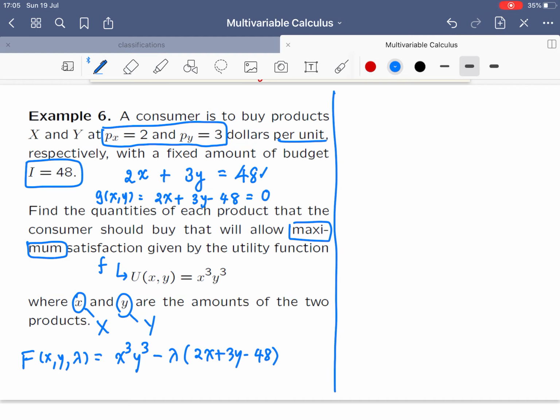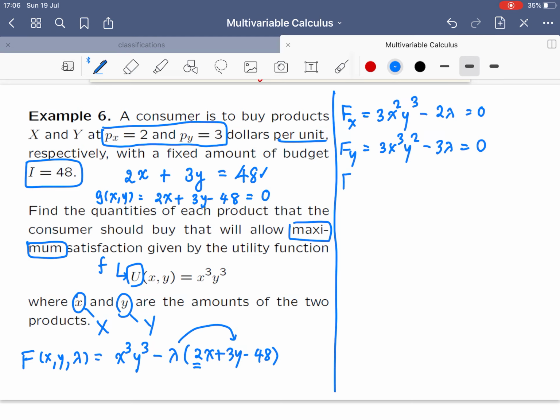So you find f sub x, which is 3x squared y cubed minus 2 lambda, and f sub y, which is 3x cubed y squared minus 3 lambda, equals 0. And f sub lambda is simply your constraint again with a negative sign, and you make it equal to 0.